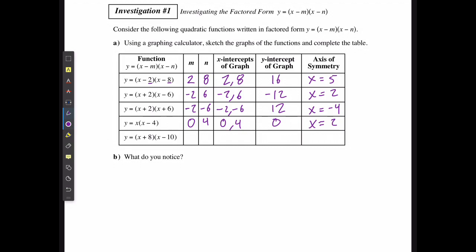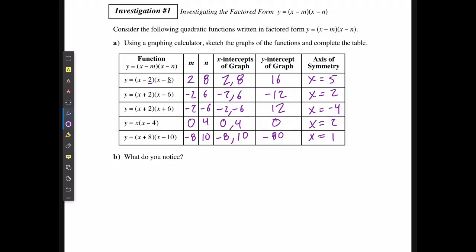And in the last case, m is going to be negative 8, n is going to be positive 10. The intercepts occur at negative 8 and 10. The y-intercept occurs at negative 80, and the axis of symmetry is when x is equal to 1.